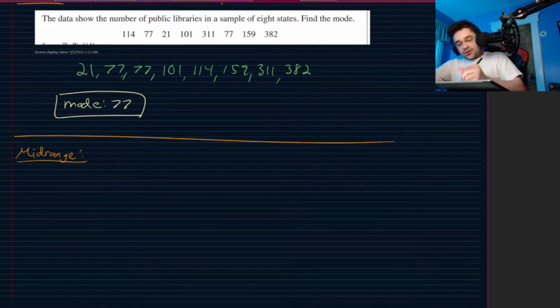And so the mid-range, the definition is just the formula.